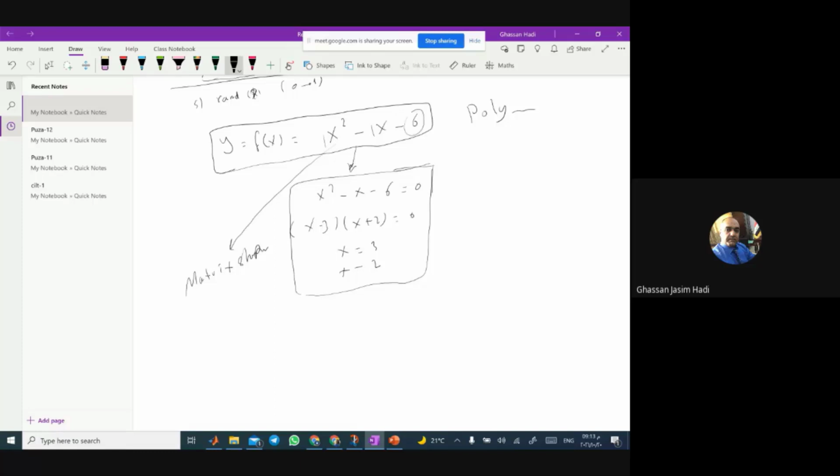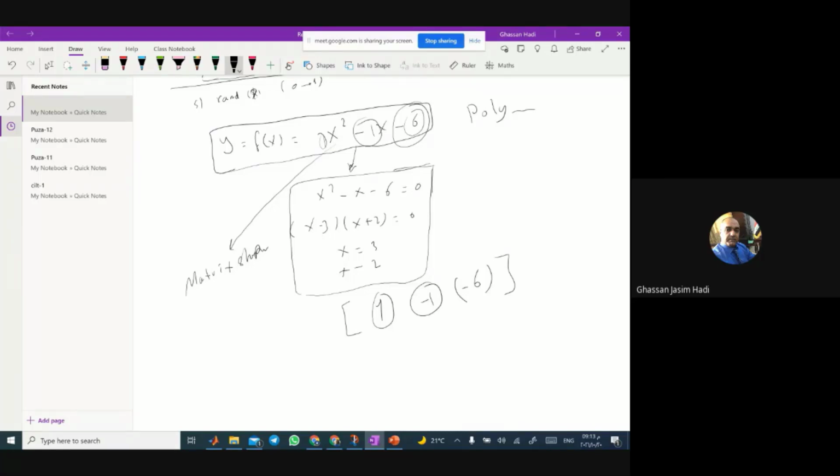What we have: the first coefficient is 1, the second is minus 1, and the third one is minus 6, and make it like a matrix, like this.